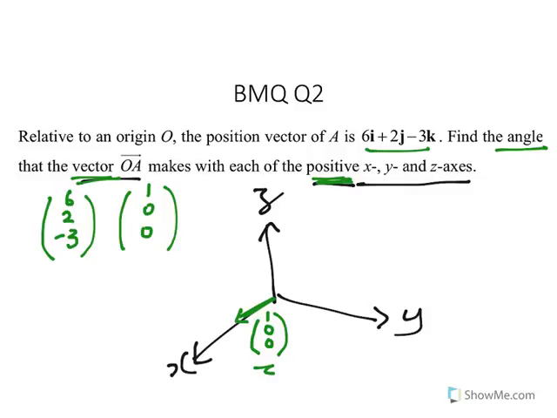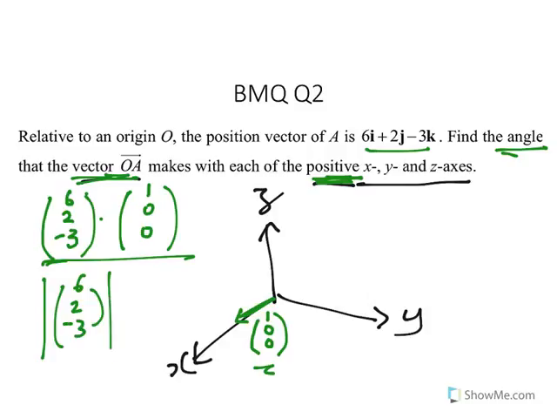Finding the angle between vector OA and the x-axis is the same as finding the angle between these two vectors, and we can just use the normal formula. This will give us the cosine of the angle between OA and the positive x-axis.